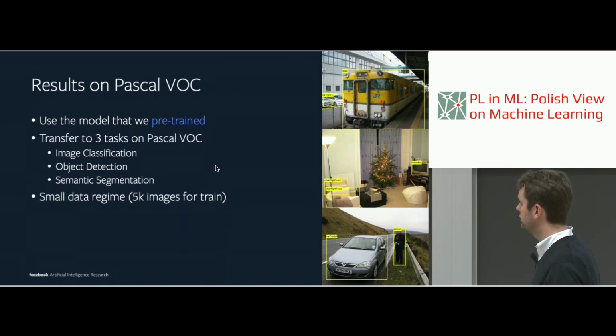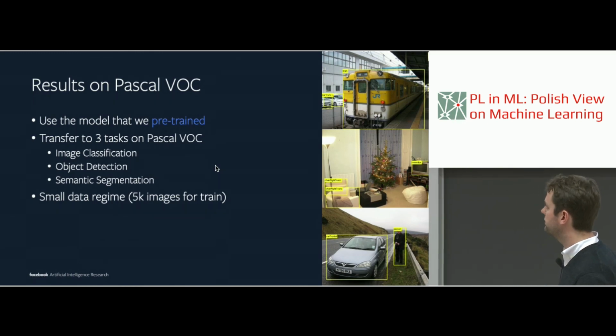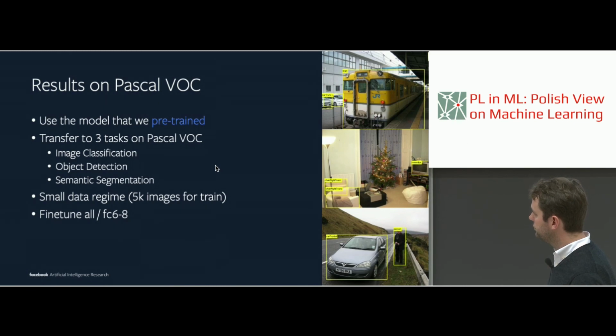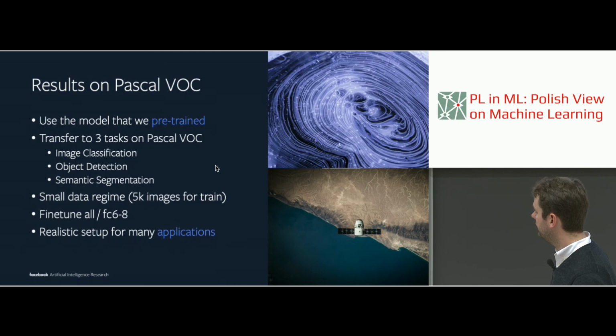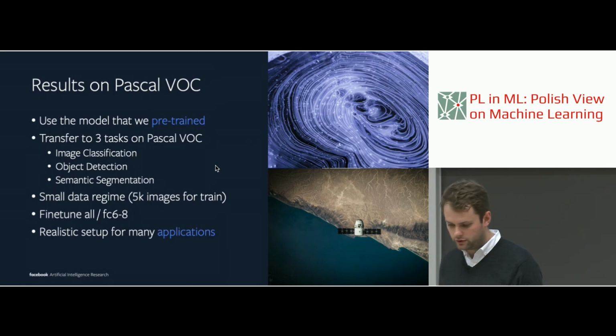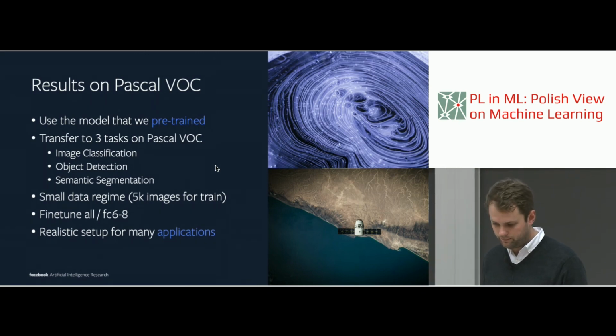If you have a startup and try to come up with computer vision solutions to your problems, you're not going to have 1 million images. So we fine-tune either the full network or just the head of the network. I think it's really important for real applications because this low data regime is ubiquitous.